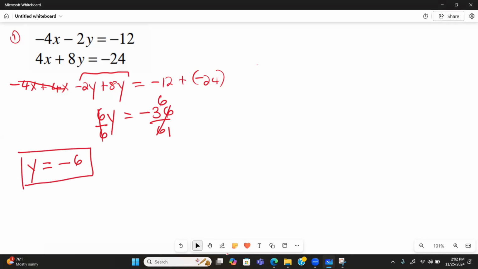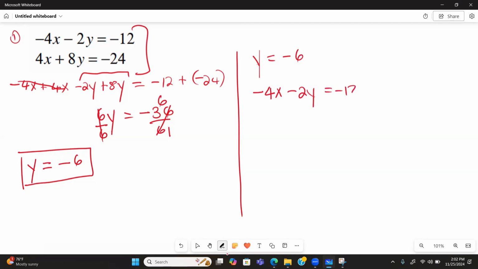Now that I know that, I could take y is equal to -6 and substitute that value in any one of these equations. So let us say I intend to substitute it in -4x minus 2y equals -12.